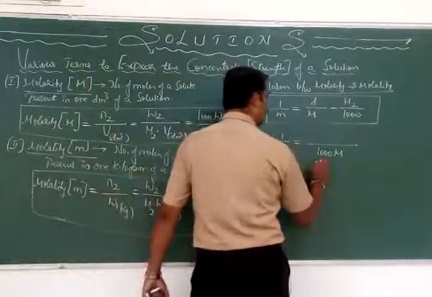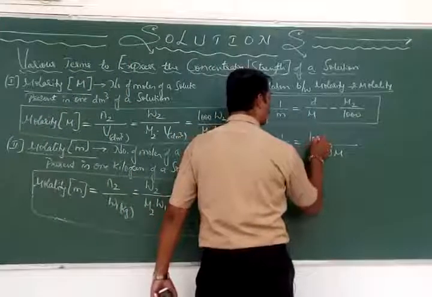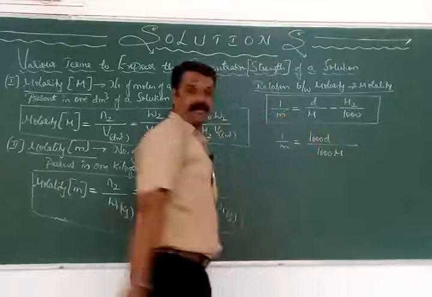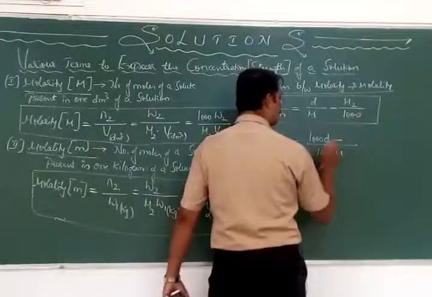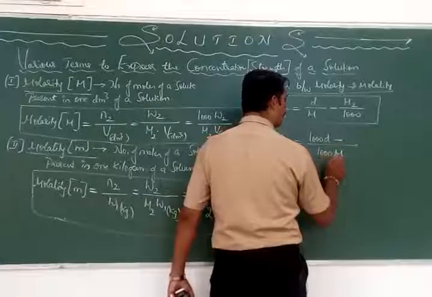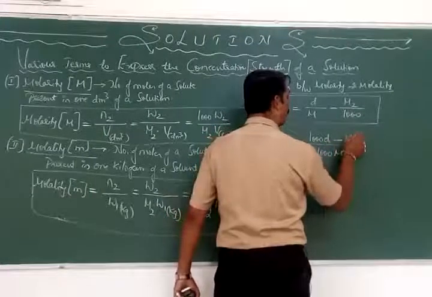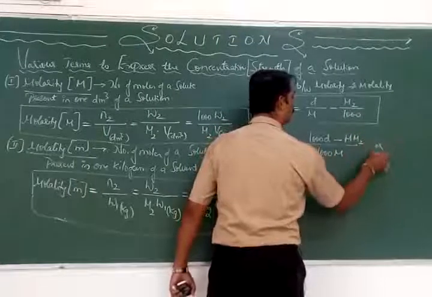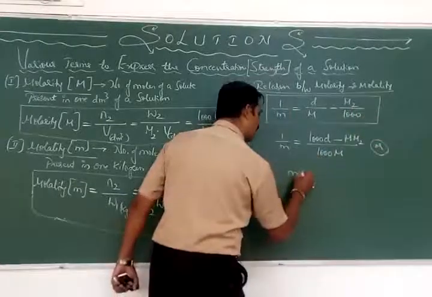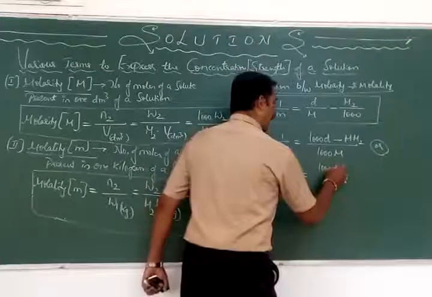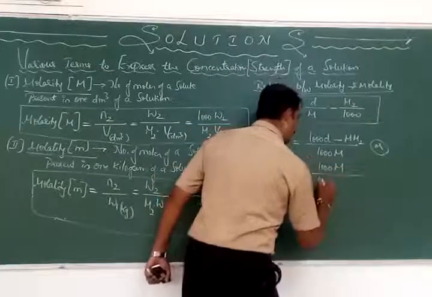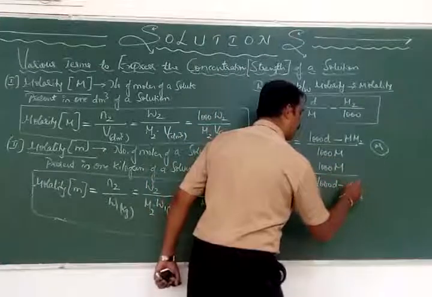Here it is 1000 in terms of d, minus 1000 is there, but we are left with only M into M. On simplification, m is equal to 1000 capital M divided by 1000 d minus M M2.